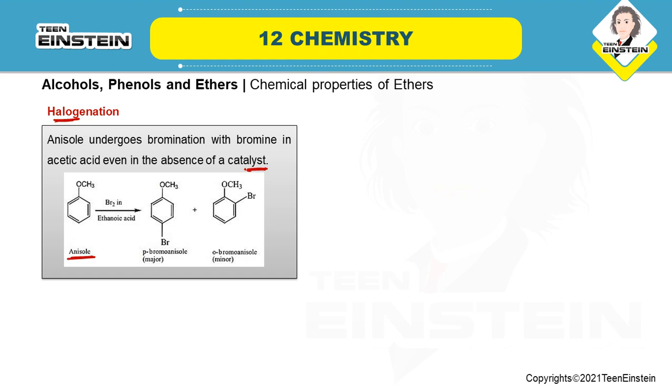You don't have to use any catalyst separately, because the OCH3 group is already a donating group. A catalyst is normally required when the ring is not so much activated, but if the ring is already activated because of the presence of OMe, obviously you can do this even in the absence of catalyst. The major product is para-bromo because of steric hindrance, but both ortho and para will be formed.